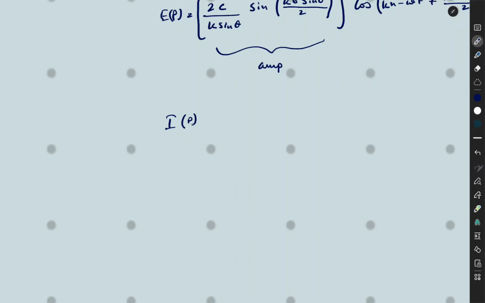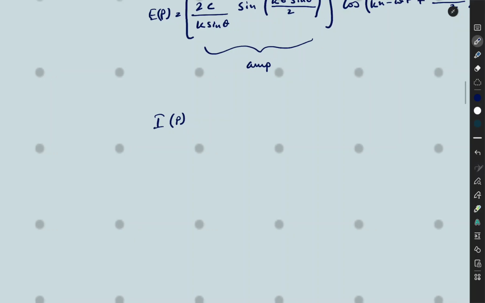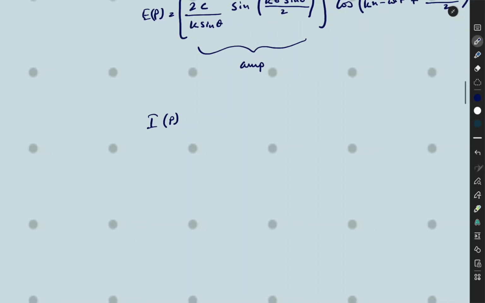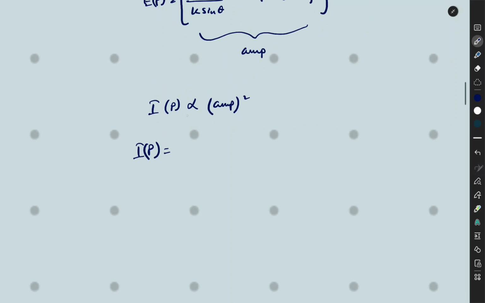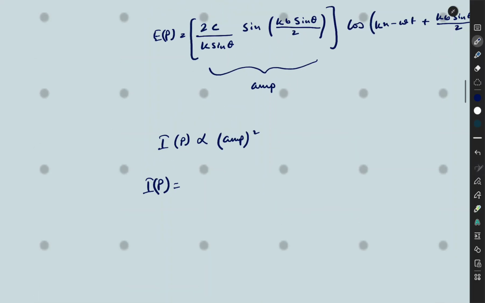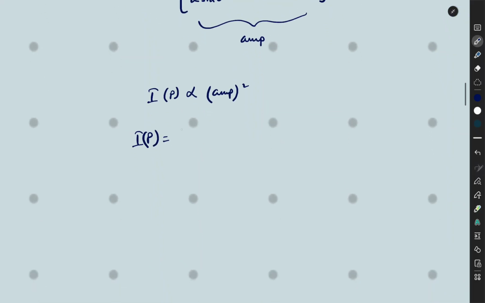We know that intensity, and we are calculating it for point P. So let us write I of P is directly proportional to the amplitude squared. So I of P will become, removing the proportionality with a proportionality constant, let us take it as 2, so 2 squared will become 4, and then c square, and a new constant C1.